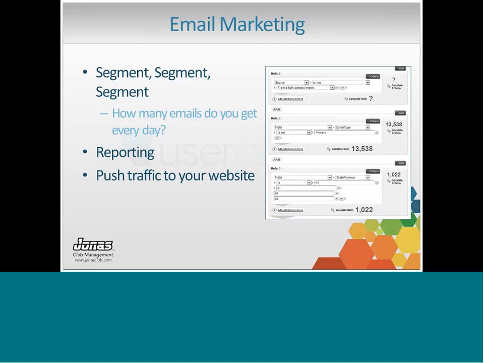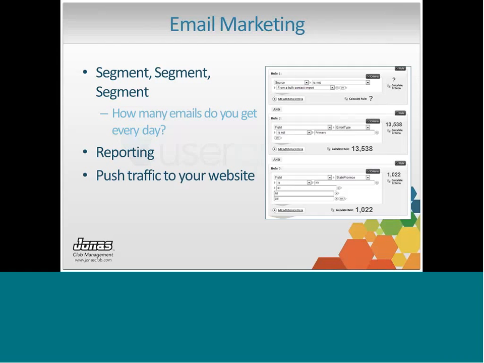And nothing's going to catch our attention more than emails and communications that are specifically tailored to us and to our interests. Using an email marketing system, for example Club Broadcast, that ties back into your Jonas Club management system is a great way to do that. Just think if you wanted to send out an email blast for an upcoming wine tasting that you're doing at your club.